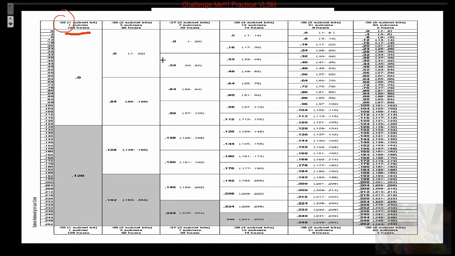Now remember, we had one of 87. We had a network of 25. We had a network of 20. We had a network of 12. And then we got a couple little networks which are basically point-to-points where we have 2 hosts and 2 hosts. How are we going to accommodate them? Well, 87 is going to fit in a /25 block. 25 and 20 both are going to fit into /27s.